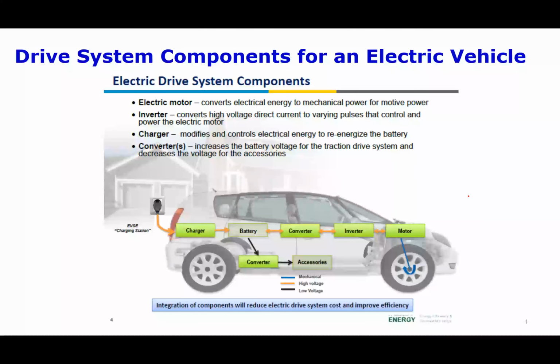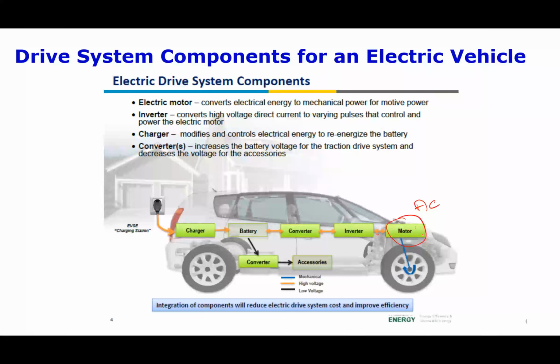For example, if you have an electric vehicle drive system, it has a motor which drives the wheels, and this is an AC motor, and the inverter supplies the variable frequency, variable voltage to this motor to achieve the required speed and torque.